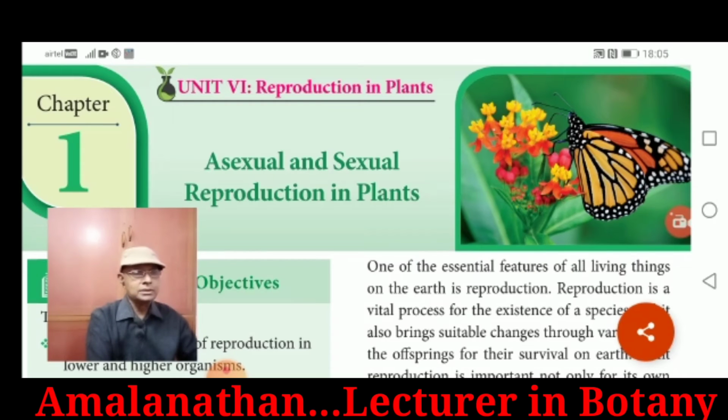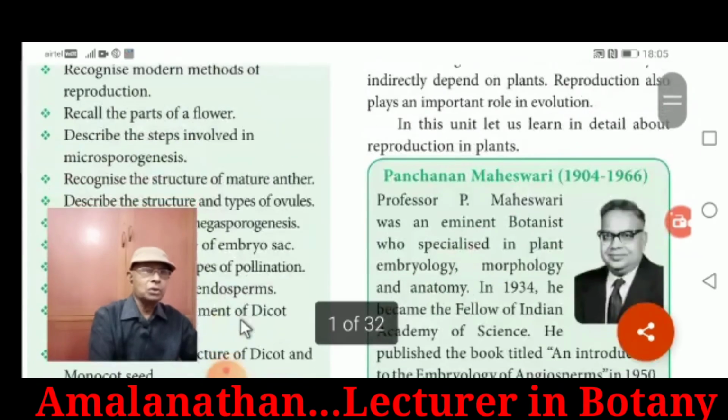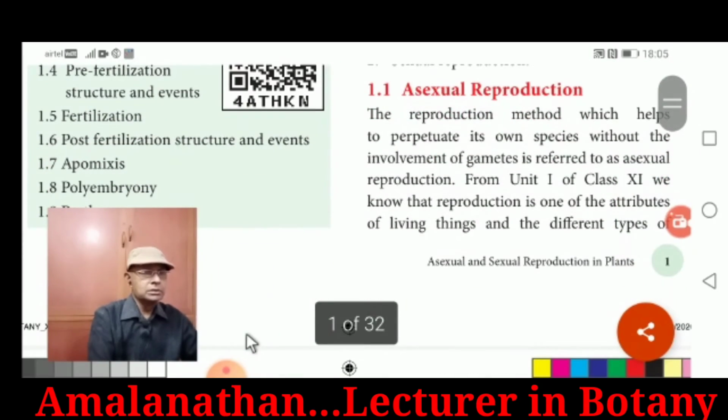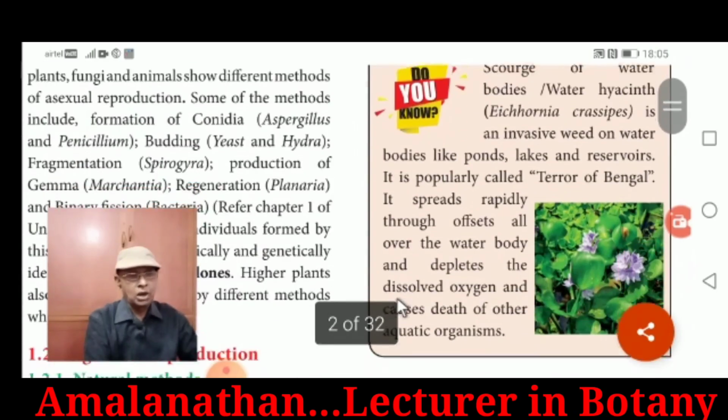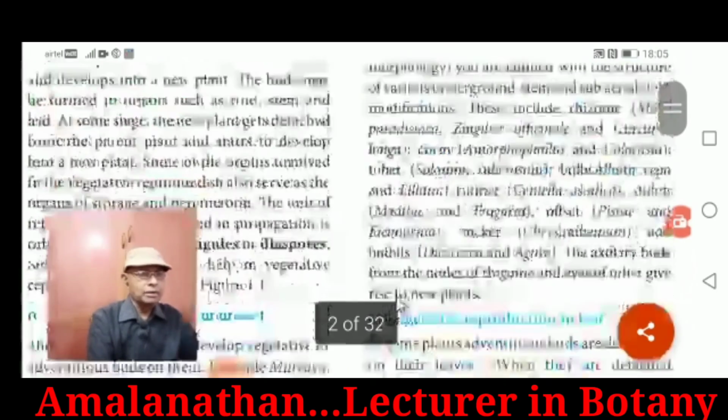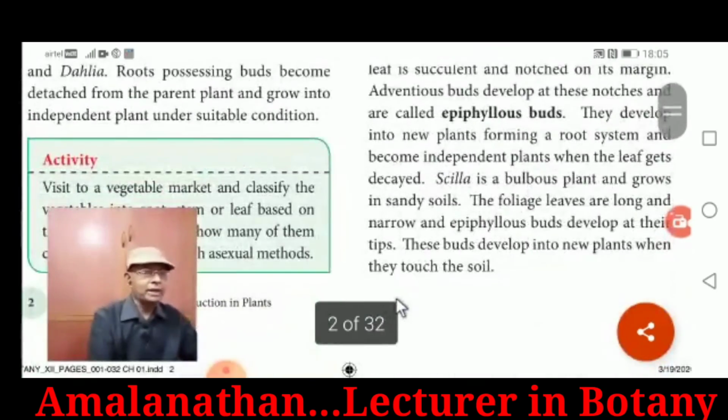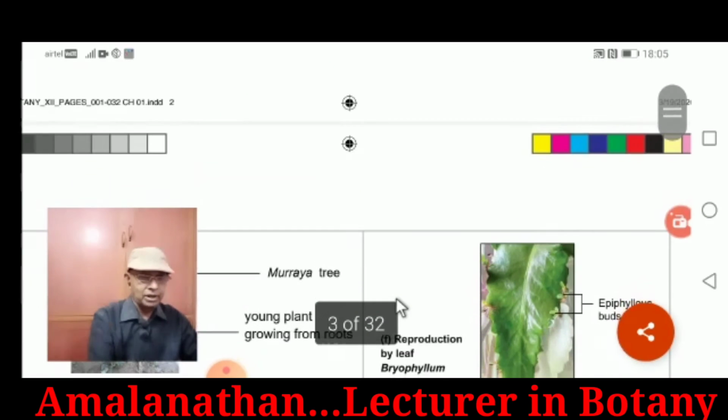So that is grafting. The part of the plant which is in contact with the soil is called stock, and the part of the plant which is used for grafting is called scion.